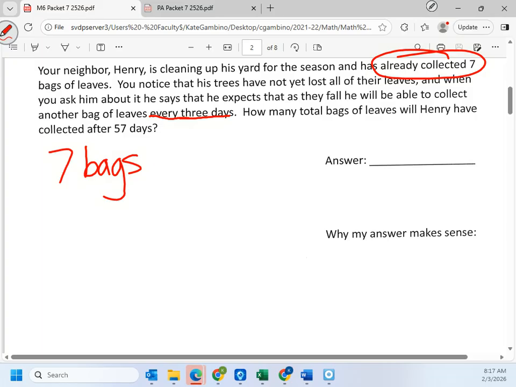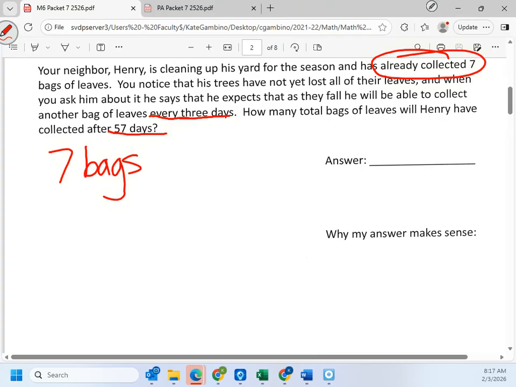How many total bags will he have after 57 days? So if he's collecting for 57 days, but he's only doing a bag every 3 days, we have to break it down into groups of 3, right? Every 3 days.